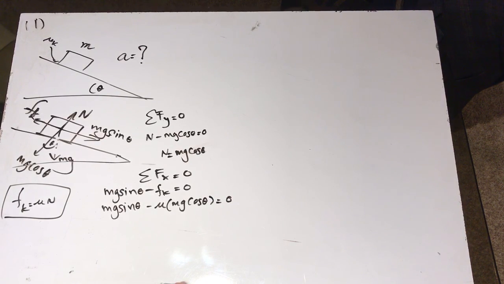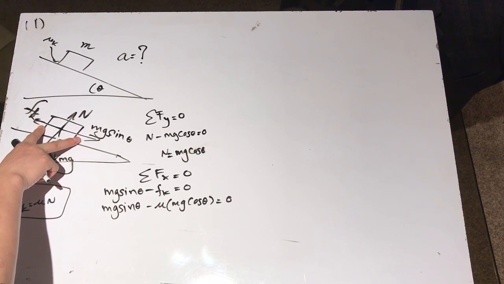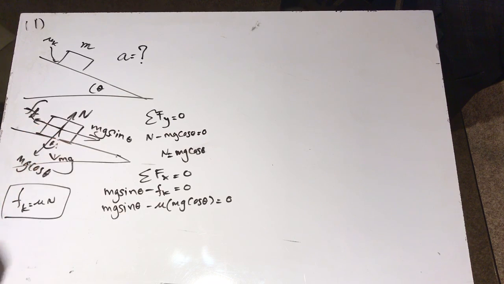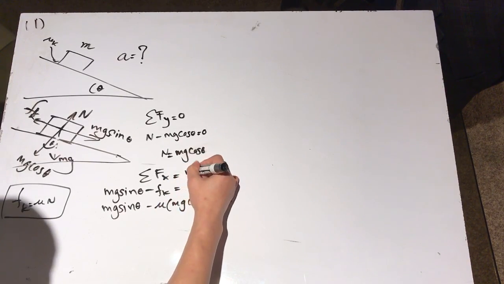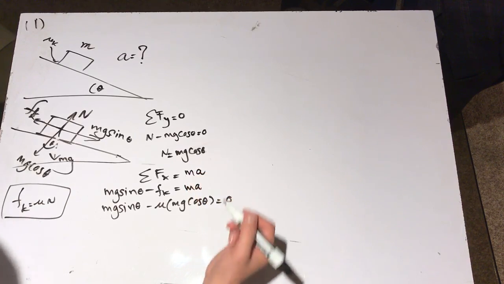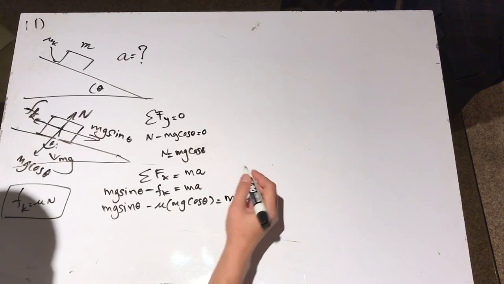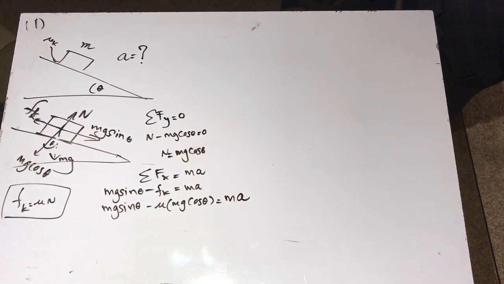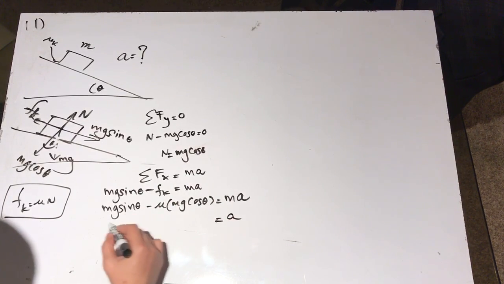Double check. If there is movement on the plane, would the acceleration be 0? No, because you were asked to calculate the acceleration, so you have mass times acceleration.